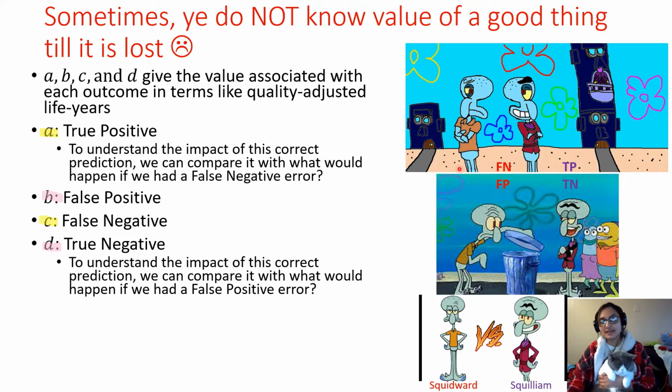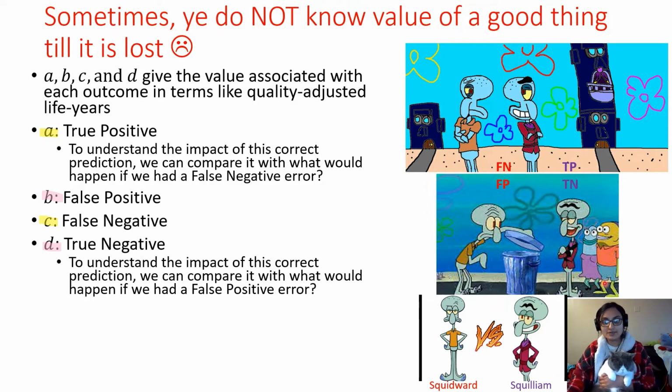So the idea is to understand the impact of a true positive. Why is it important for us to correctly predict that someone has a condition when they have it? We should see what would happen. Why should we be appreciating this true positive? Well, understand what would have happened if we did not predict properly. Let's say that we instead predicted that somebody with the condition did not have it, if we made a false negative.